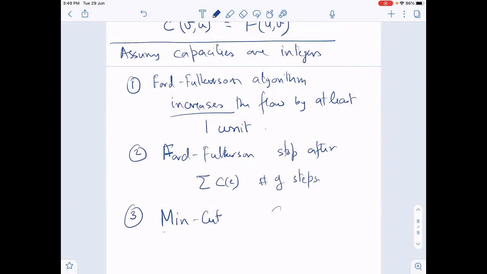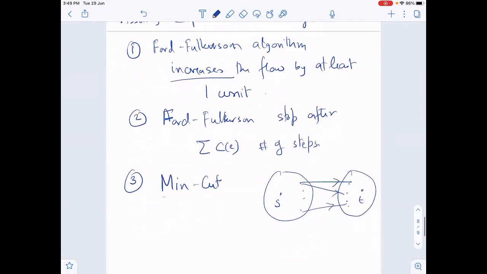If I break the whole graph into two parts, S and T, partition them, and look at the set of edges that go from some vertex in the S component to some vertex in the T component, then the sum of the capacities of the edges here is called the size of the cut.